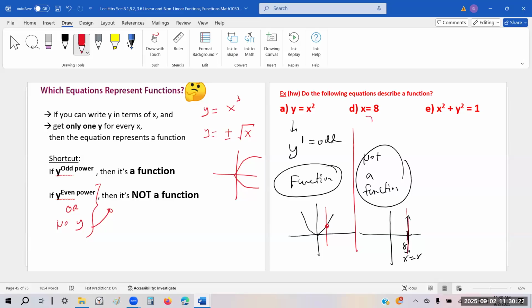Also, what do you observe? There is no y. If you don't have any y, is it a function? No. No y or even y means not a function.